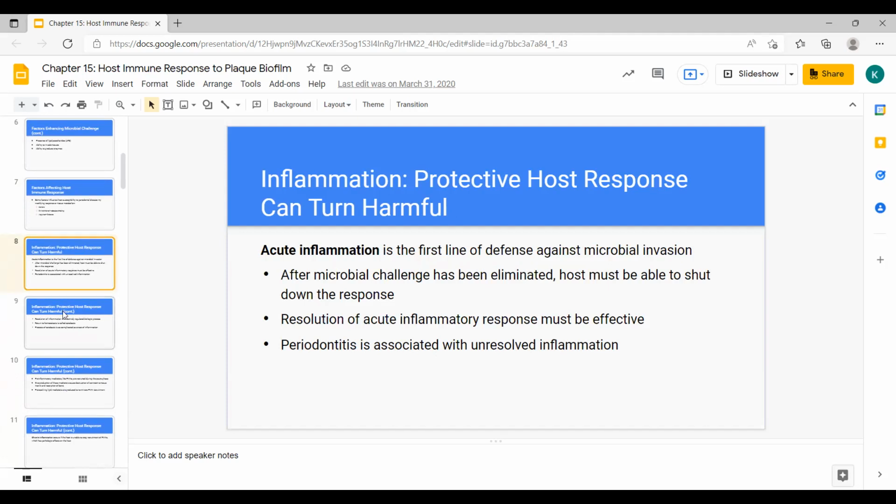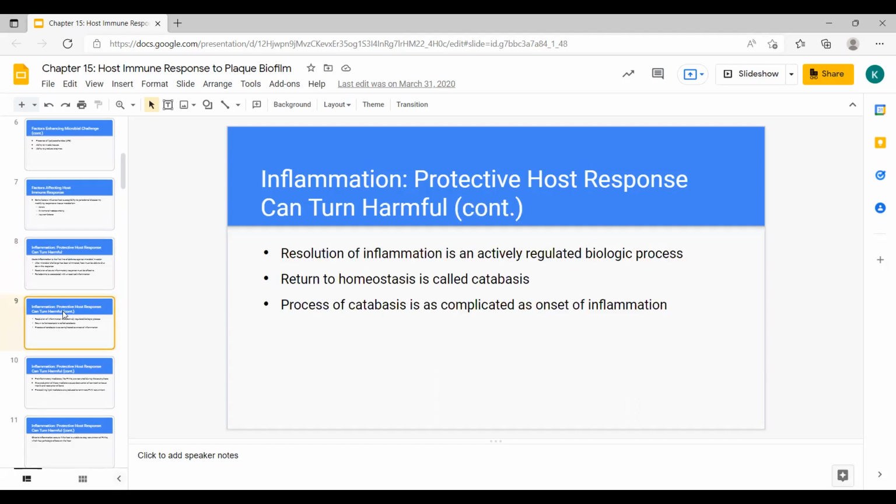So the body has to not only effectively take care of the bacteria, with an immune response strong enough to do so, but it also has to know when enough is enough. And if it doesn't shut off, then we go from acute inflammation to chronic inflammation.